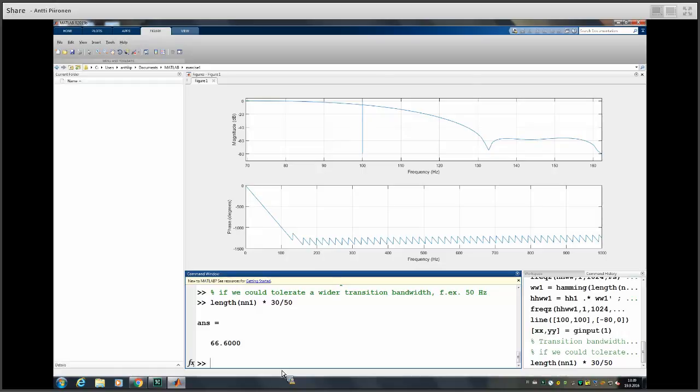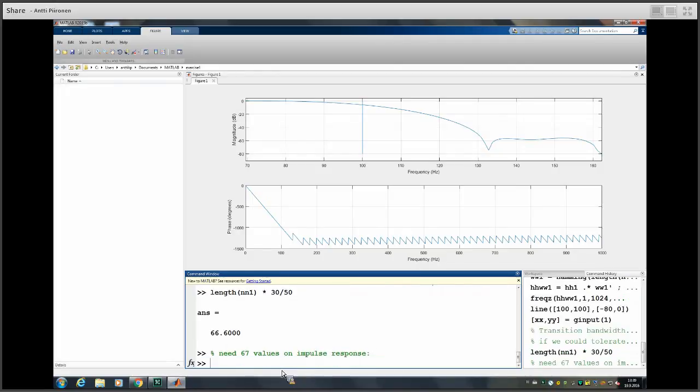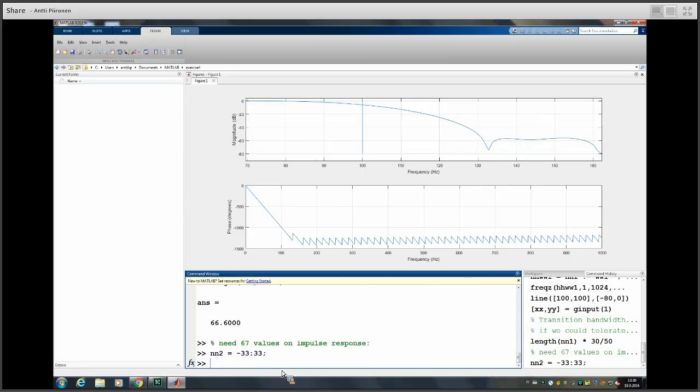Right. So we need 67 values on the impulse response, which is simply this one: NN2 equals from minus 33 to plus 33. Right. 67 values on that index.